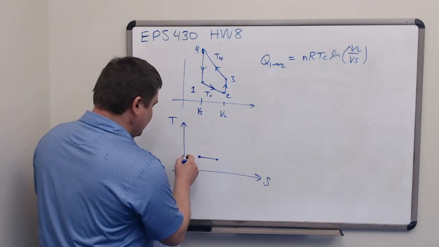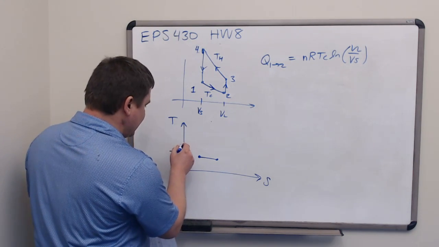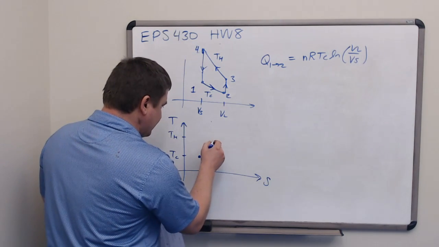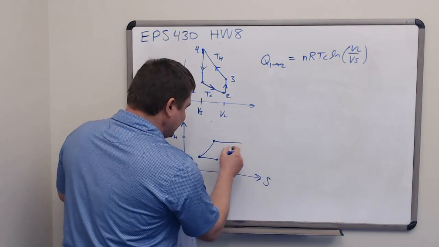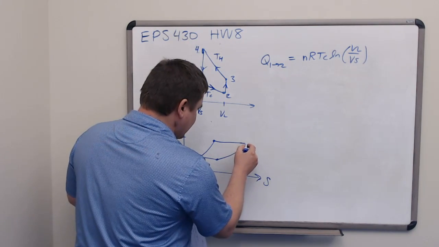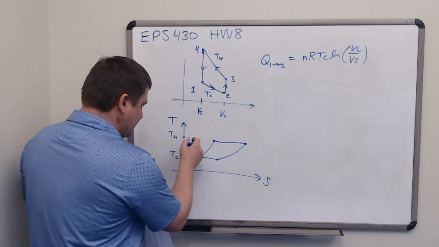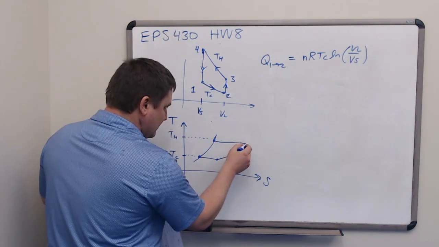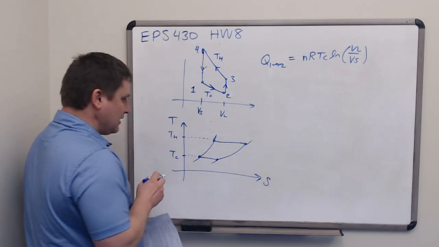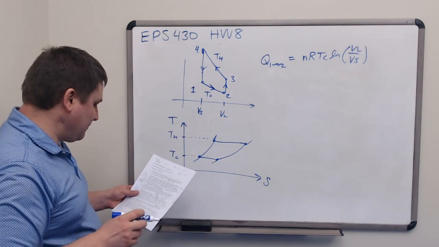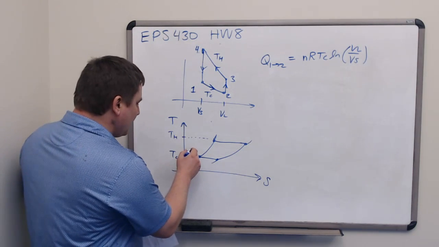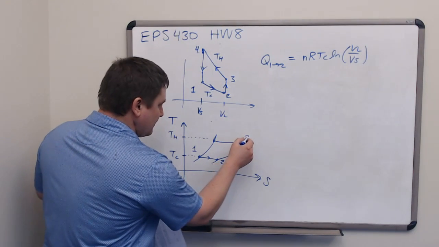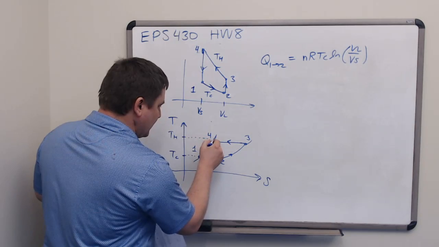We've got an isotherm at Tc, an isotherm at Th, and the segments of constant volume are exponential in shape. Okay, so there's our isotherm, and these are our lines of constant volume on this plane. So 1 here, 2 there, 3 there, and 4 there.